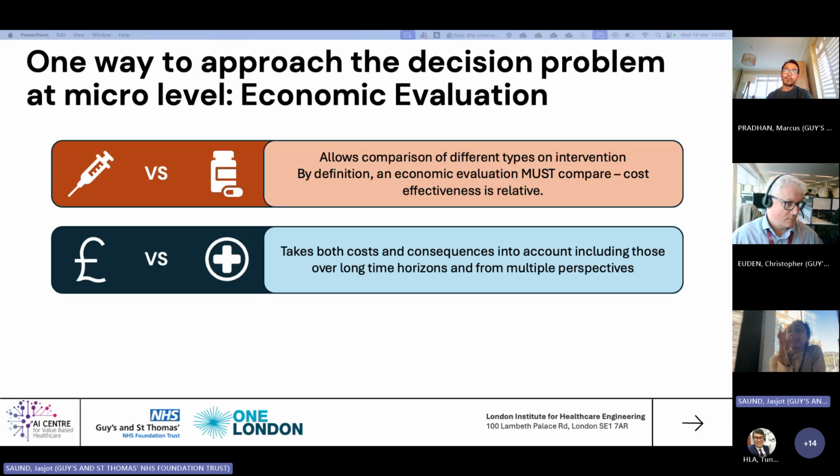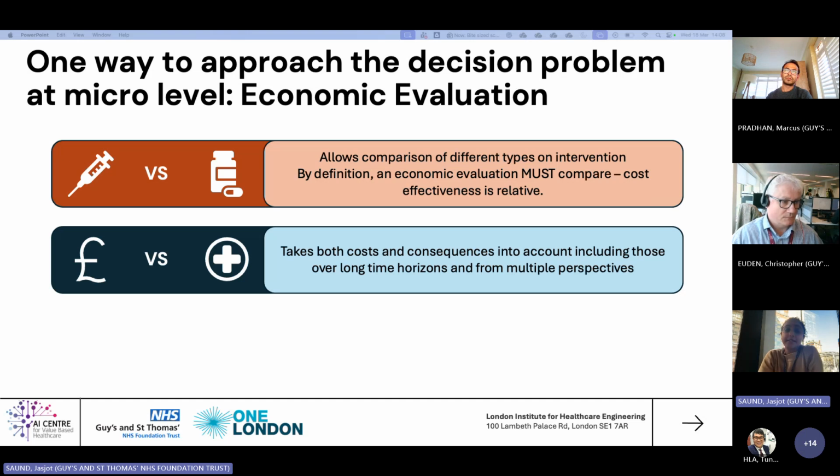Or we can look at something like a societal perspective, which looks at the costs and consequences of a wider impact. So, for example, if we are looking at improvement to a hip fracture procedure that reduces mortality, at an individual level, that person can potentially go back to work quicker, contribute back to society, and have a better quality of life.